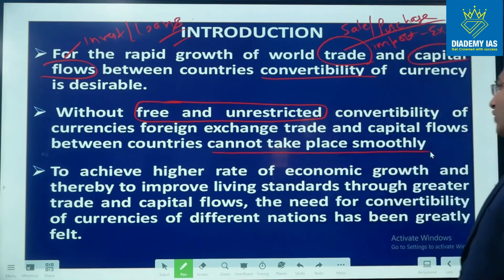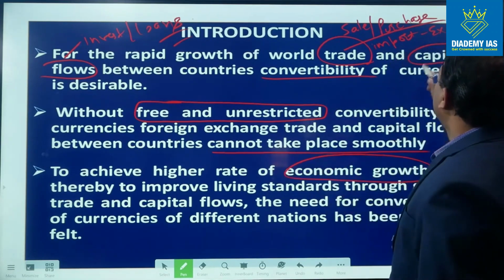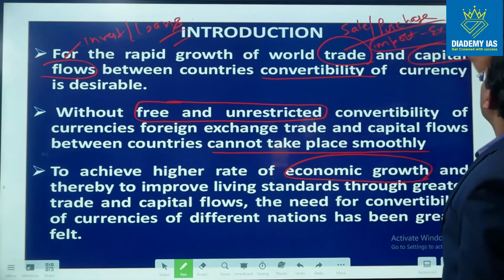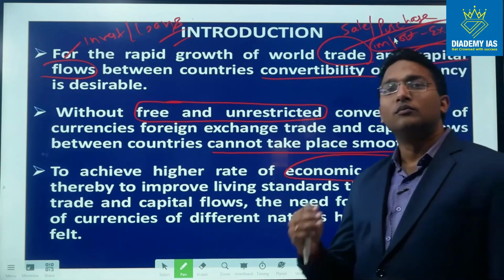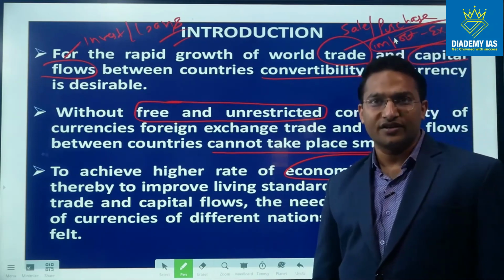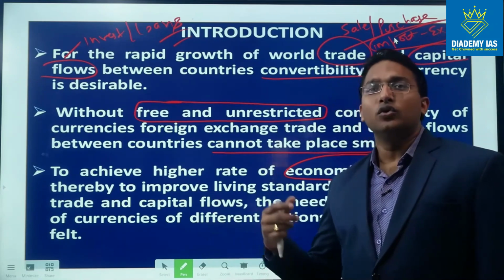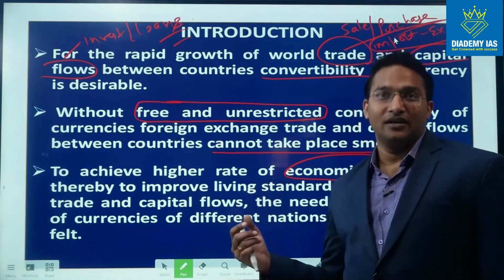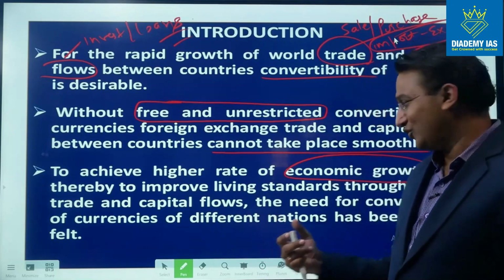To achieve high rate of economic growth and thereby to improve living standards, right? So if there is more trade, if there is more quantum of export and import, that will lead to more production in the different countries. When there is more production, it will lead to increase in GDP, and that increase in GDP will lead to increase in economic growth, right?